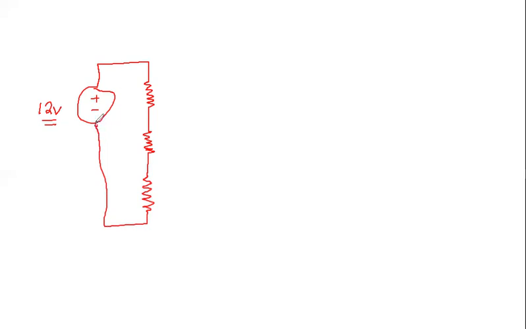The circuit will not work if it doesn't return to ground. For the sake of this, we'll call this resistor R1, and later we'll fill in actual values. But for right now, we'll call this R1, this resistor R2, this resistor R3.